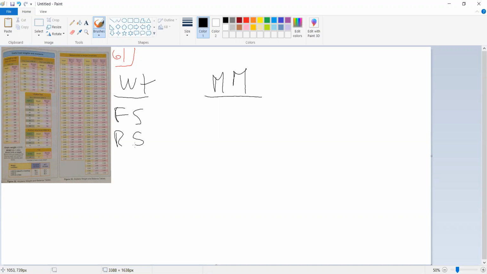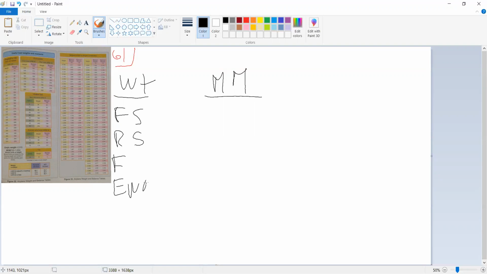We have the main wing tanks. Well, that's just fuel, right? We'll call that fuel. And the empty weight of the vehicle, right? With oil. So now we just have to fill in the numbers.